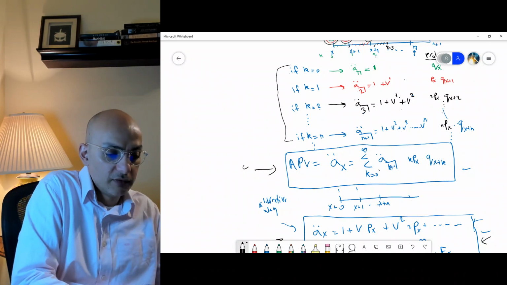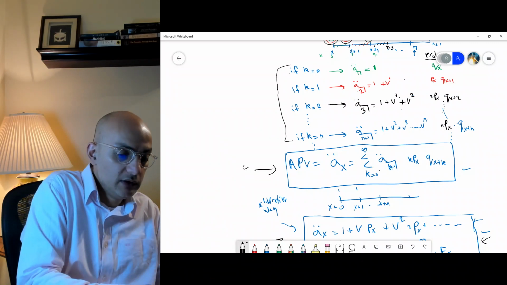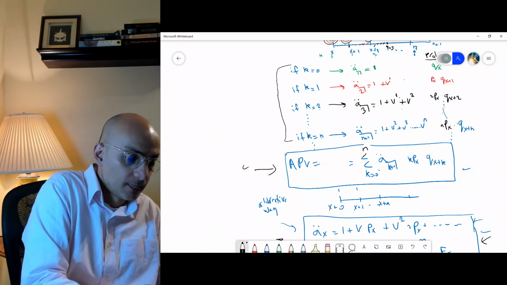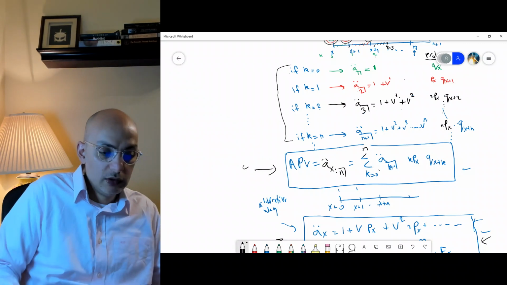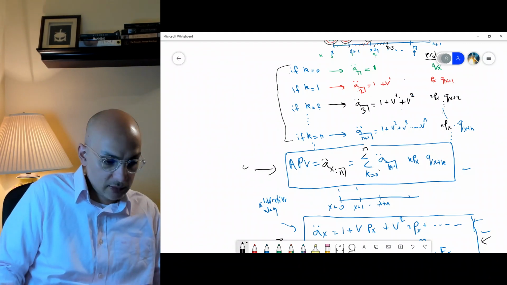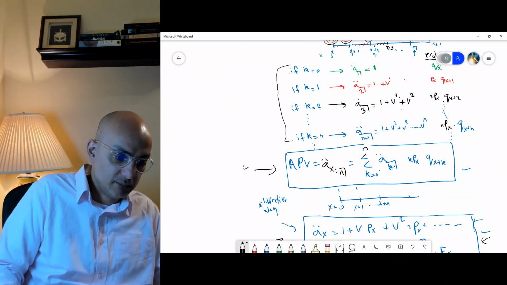So instead of having continuous here for the n term, this one needs to go to n. All you need to do is stop it at n, and the last term we need to add another term to it.